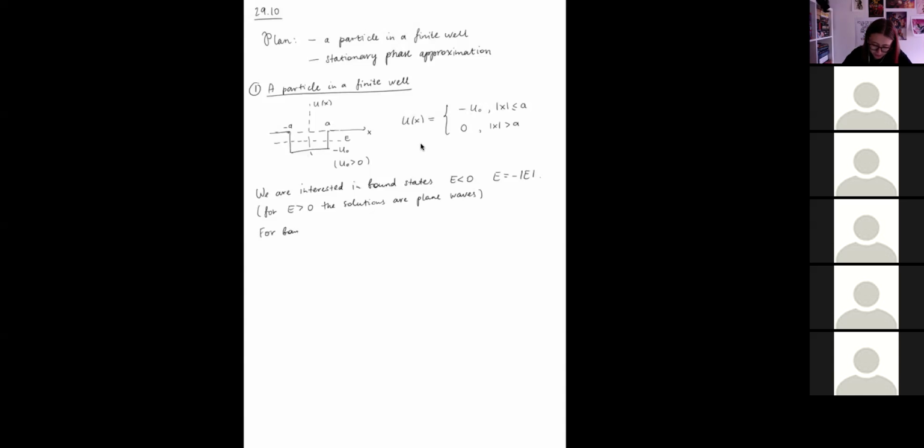So for bound states, the energy with respect to the bottom of the potential is, let's call it E tilde, equals E minus (minus U0), which equals U0 minus modulus E. Okay, so these were just some notes about the energy and where the bound states are in this case.